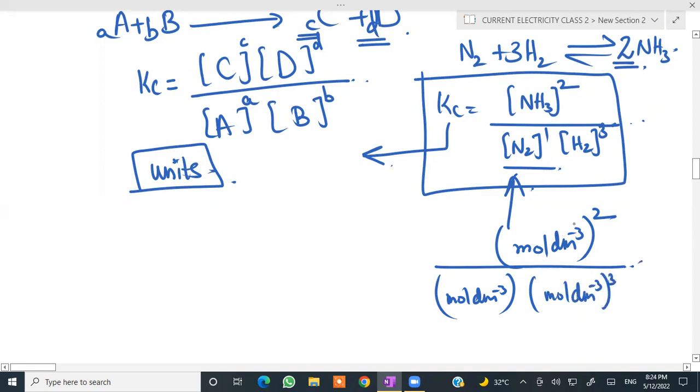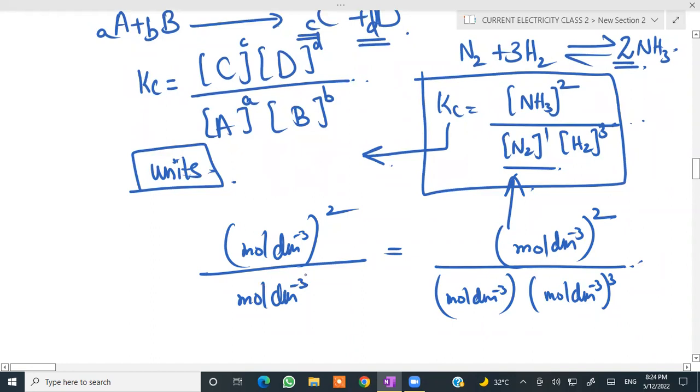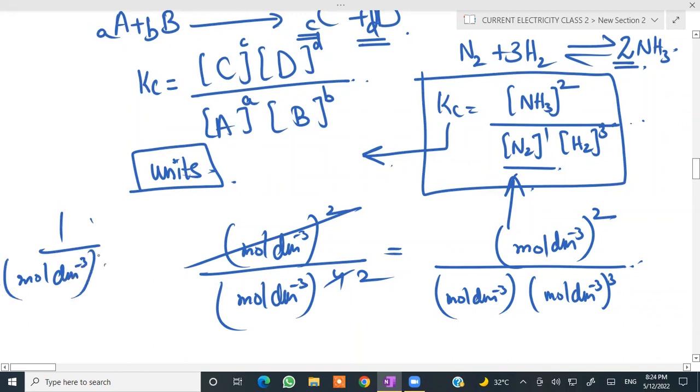So now what will happen is, in the numerator, you've got mole per dm cube squared, and in the denominator, it's to the 4th power, right? The power is 4. So the square will cancel out and 4 will subtract 2 from it, right? So it's going to become 1 upon mole per dm cube squared as well. So let's just simplify it.